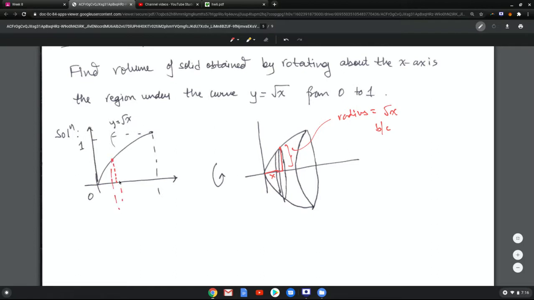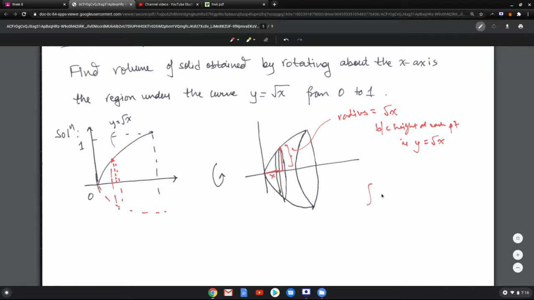This is getting rotated, that's what is happening here, because the height at each point is the y value, which is root x.